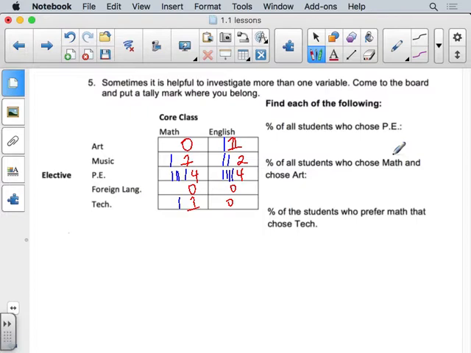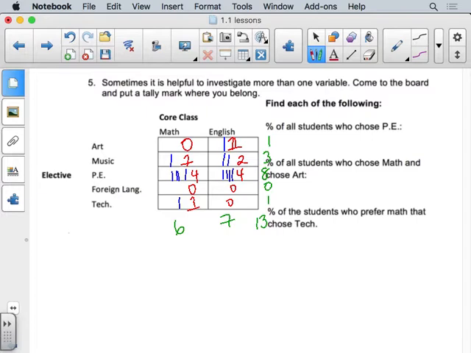So for example, I just like to write them down here. So that'd be 6, and then I have 7, 1, 0, 8, 3, 1 for a total of 13 students in class today.